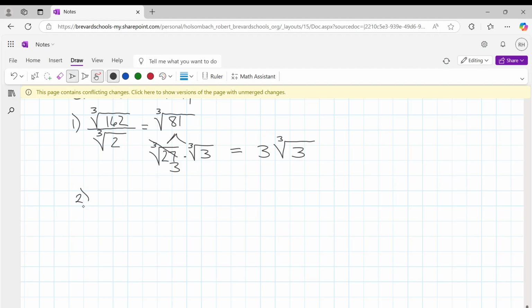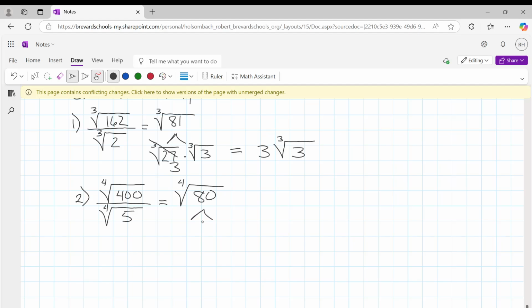Problem number 2, we've got the fourth root of 400 divided by the fourth root of 5. Now 5 goes into 400 evenly. So this is equal to the fourth root of 80. And then 80 has a perfect fourth in it.